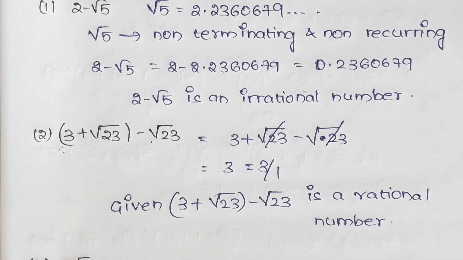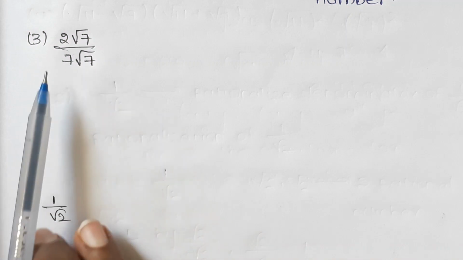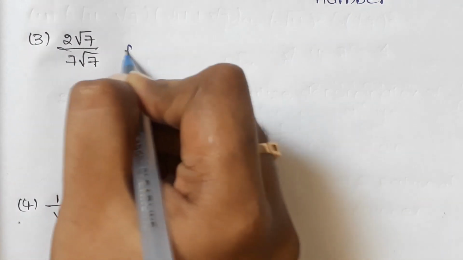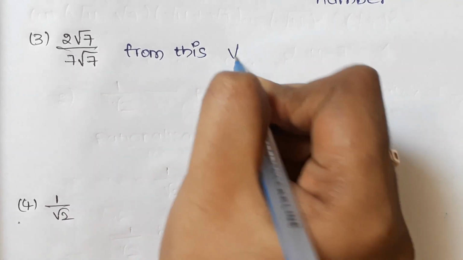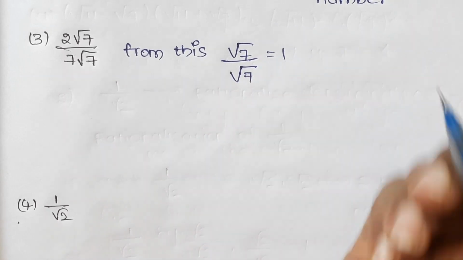And now let us see the third one, that is 2 root 7 by 7 root 7. Here from this we know that root 7 by root 7 equals 1.